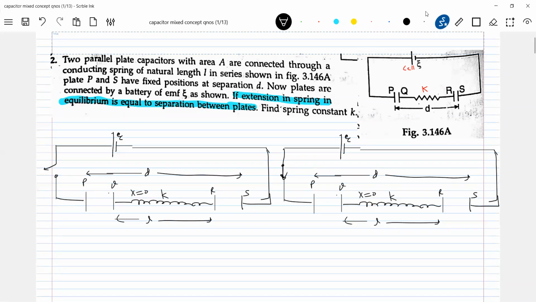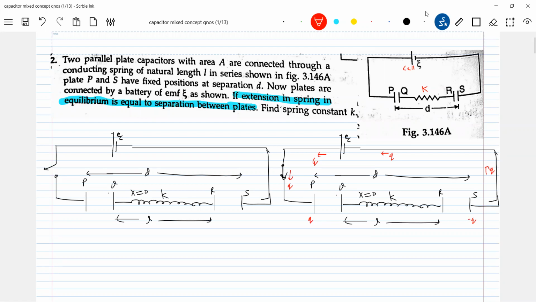First a charge will come and deposit here. It will induce a charge minus Q, plus Q, and here minus Q. There will be a flow of charge in the circuit. Because of the charge deposited on the plates, electrostatic attractive force will act.